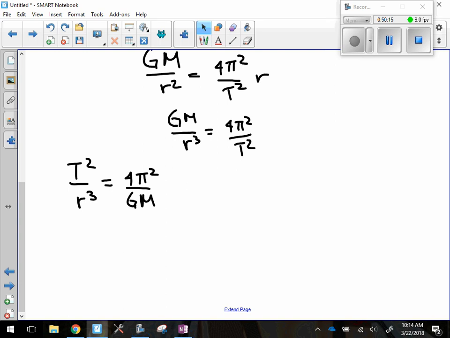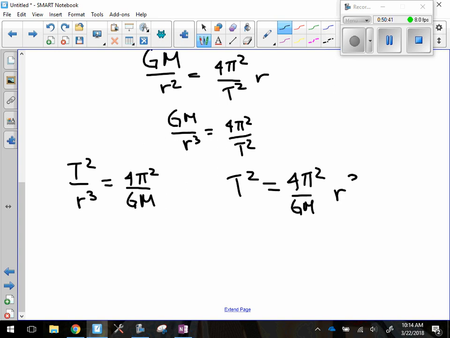Make sure you can follow that algebra. And then I'm also going to write this as T squared is equal to 4 pi squared over GM times R cubed.